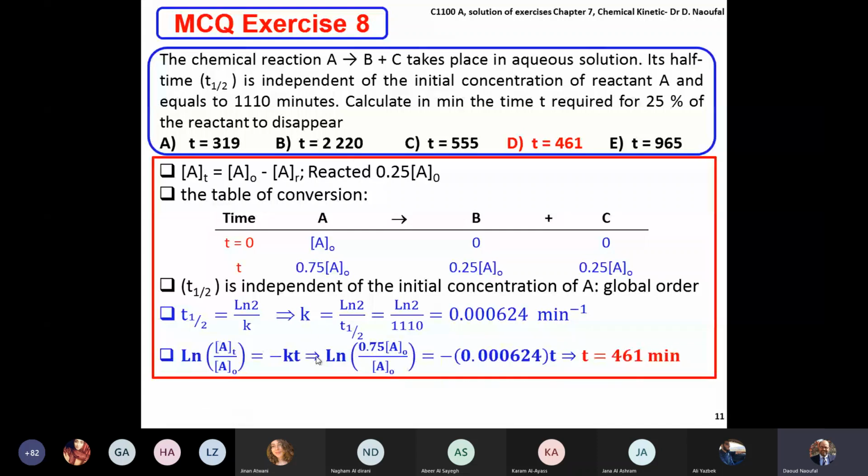What is the importance of the integrated rate law? By using the integrated rate law, we can calculate the concentration of A remaining at any time t. And for a first order reaction, the integrated rate law is given by the relation ln of At divided by A0 equals minus Kt.